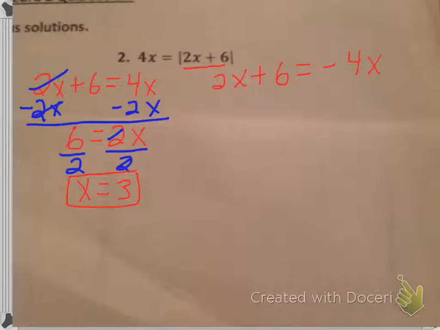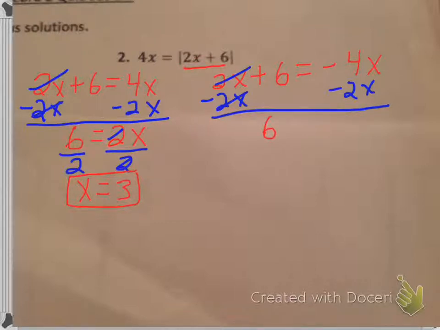Now I'm going to move on to my second problem over here. I want to do the same process. I want to get my x's together. So that's a positive 2x, so I take minus 2x, minus 2x. The 2x and the negative 2x cancel. Leaves us with 6 on this side. Now I have a negative 4x and a negative 2x.